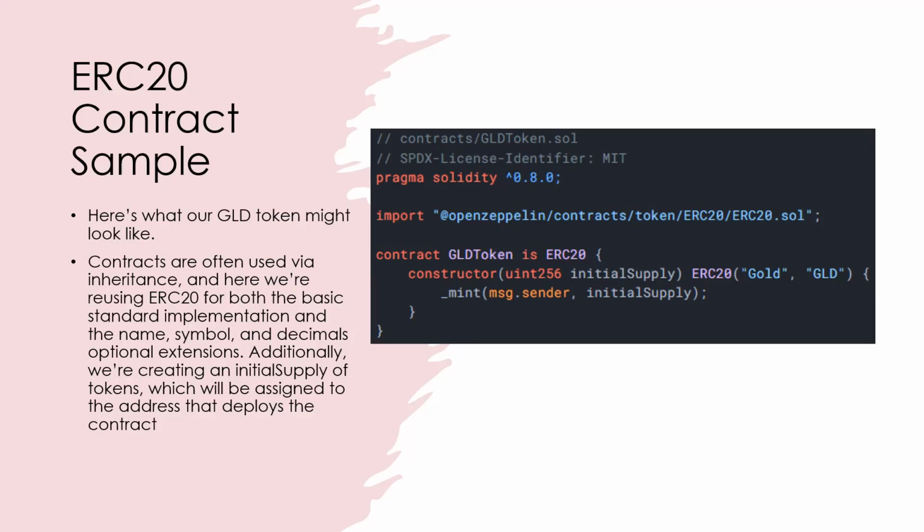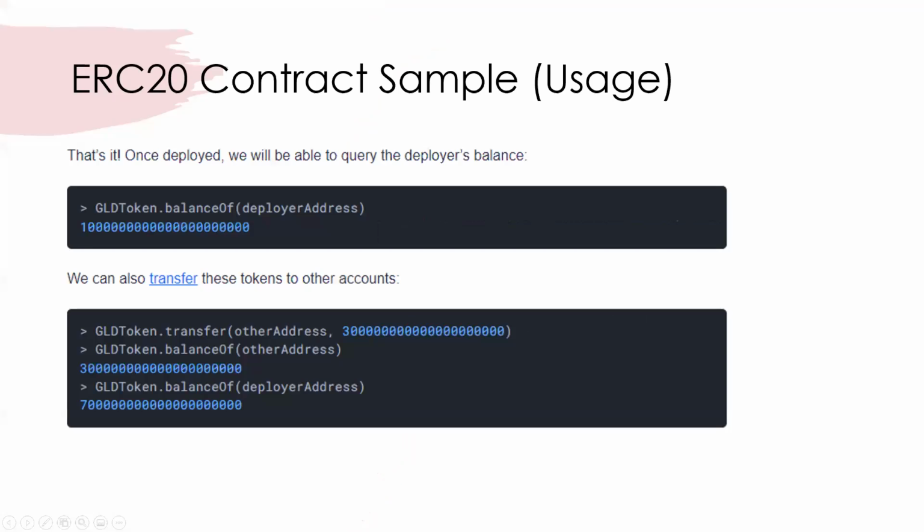We're basically reusing ERC20 for the basic implementation, the name, symbols, and decimals and all that stuff. And like I explained, we create an initial supply of the tokens, which is assigned to the address that deploys the contract. So that's a sample right there.